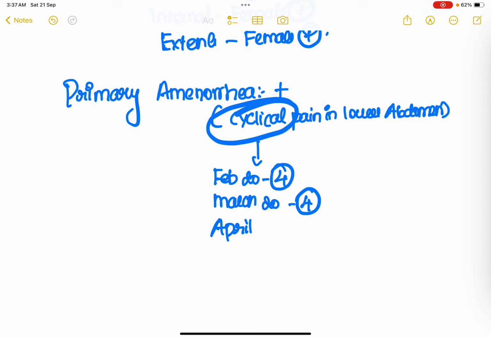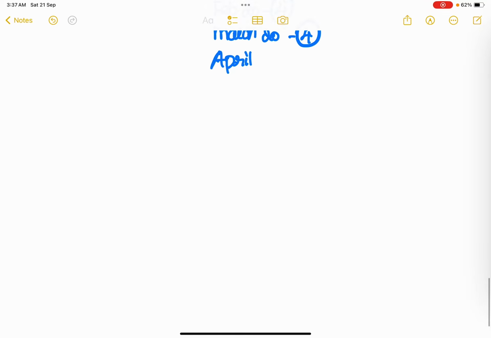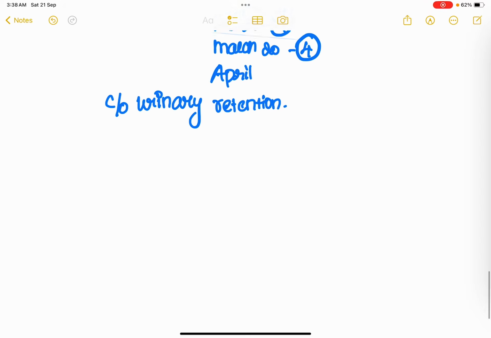So the patient will complain of primary amenorrhea with cyclical pain in the abdomen. The patient can also have complaints such as urinary retention. What do you mean by urinary retention? She has some problem passing urine. No matter how much she passes, she has the feeling of urinary retention. The urine is getting collected, right? So she can have complaints such as urinary retention as well.